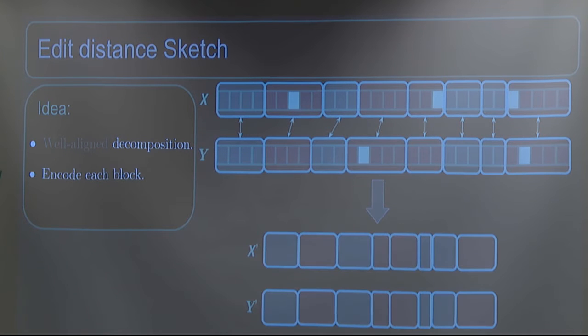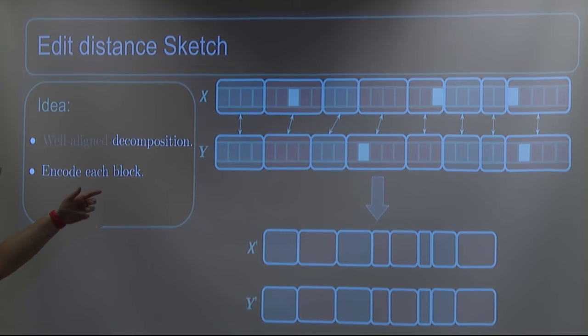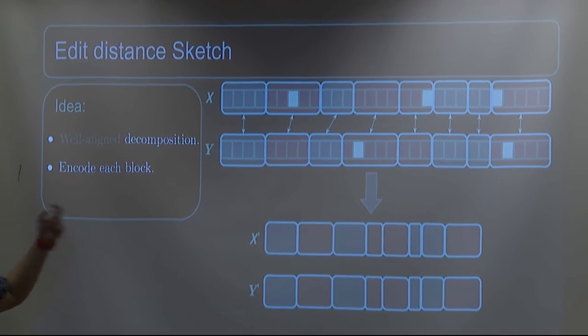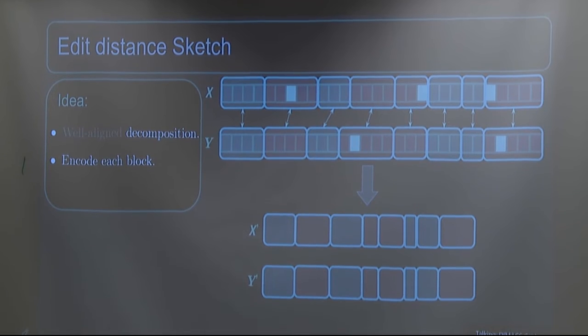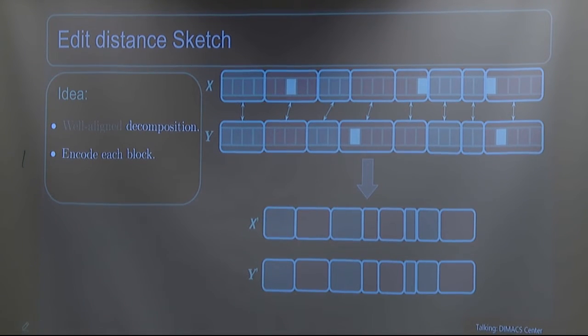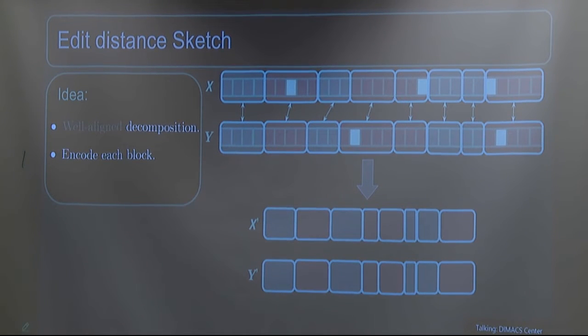So you have these problematic blocks, and now what we do is we encode the blocks in such a way that if the blocks match, then the encoded blocks also match completely.